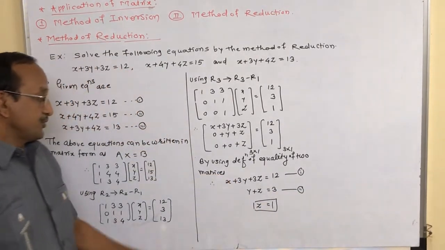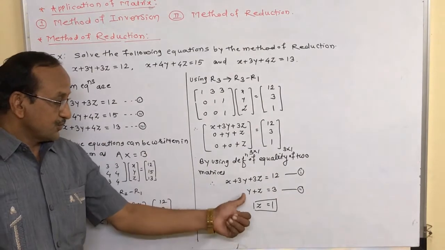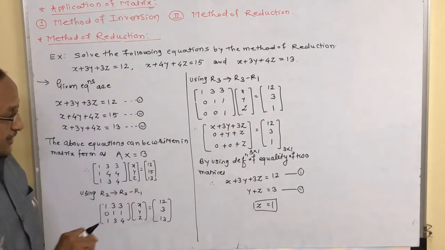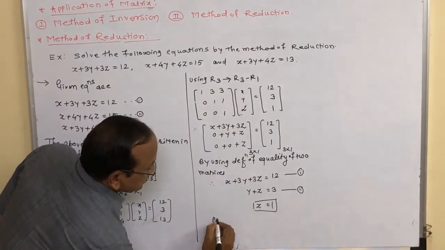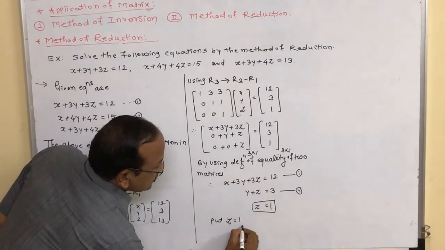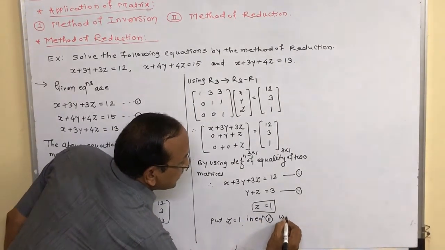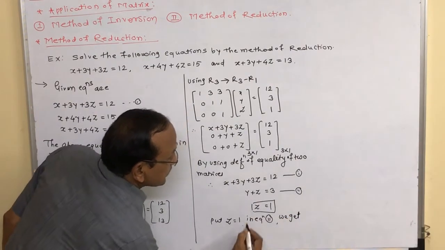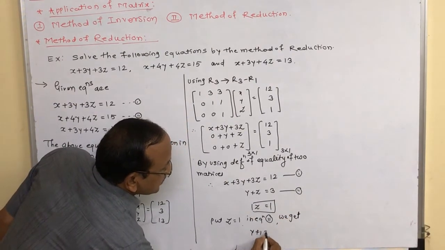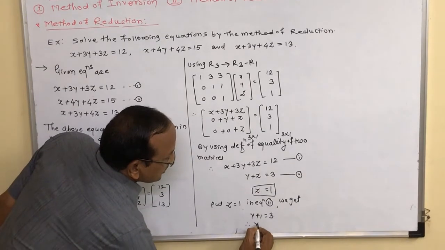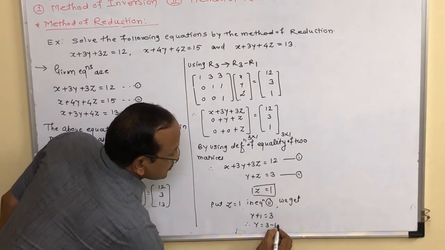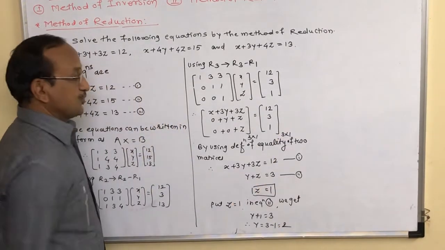Now substitute the value z equals 1 in equation 2. We get y plus 1 is equal to 3, therefore y is 3 minus 1, which is equal to 2.